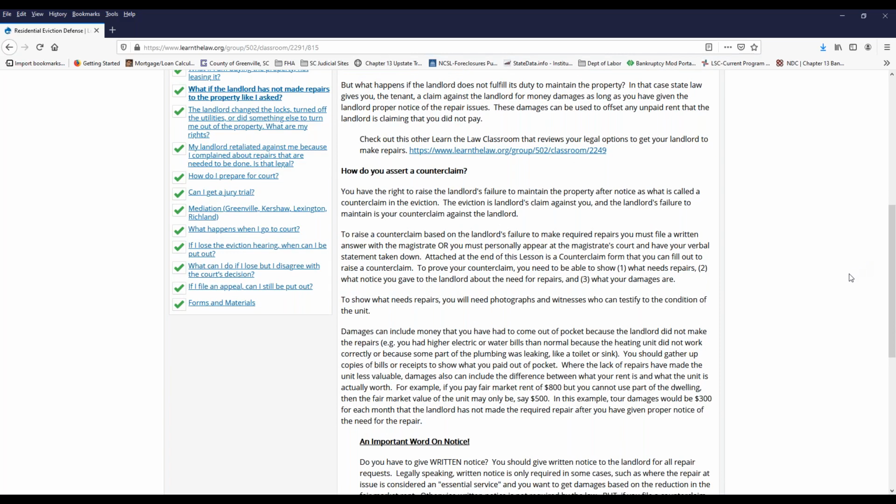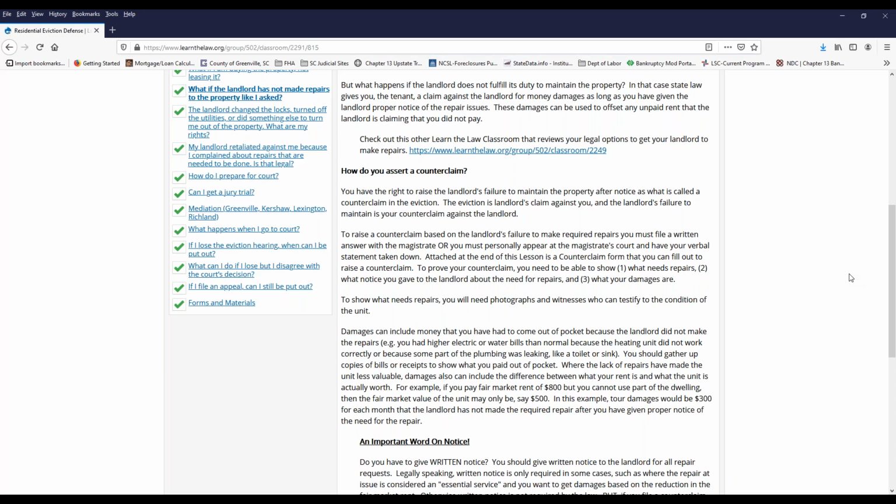How do you assert a counterclaim? A counterclaim is a particular type of legal action where you're claiming against the person who is suing you. An eviction in legal speak is in a sense called a claim, and you're filing a counterclaim to that.